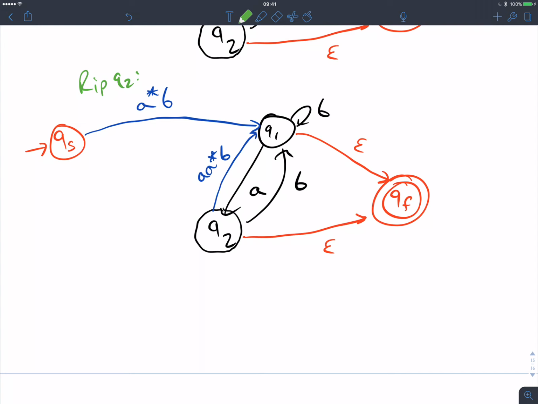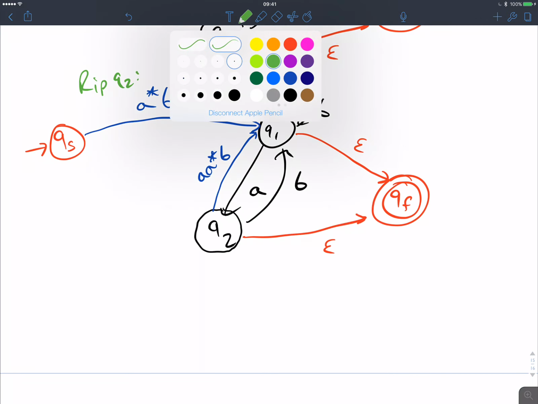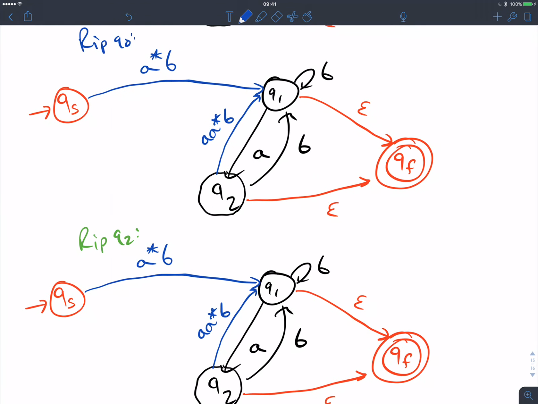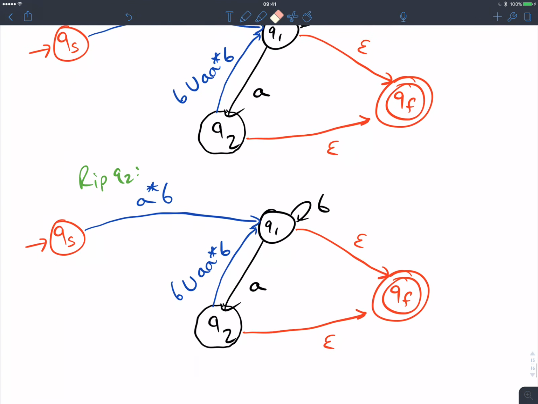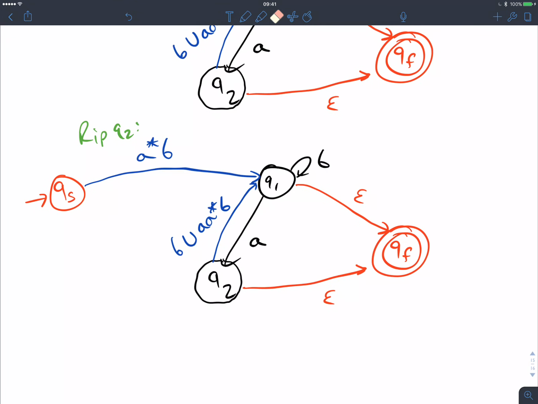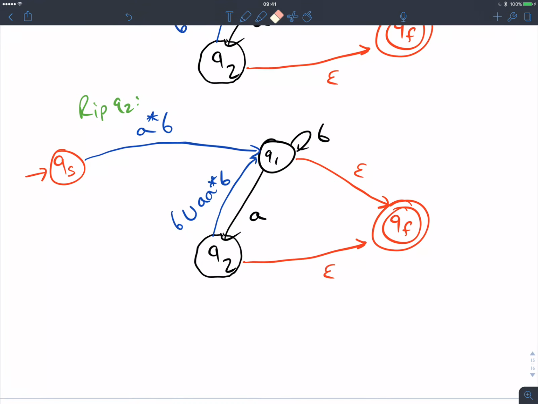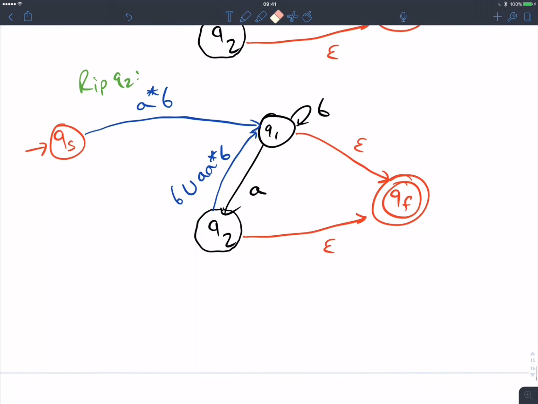Well, technically 3, but in the original I have 2 transitions, so I should do a union over both of them. I should have done that. So this should be B union that. So there are actually 2 ways out. I should mean the number of states that you could go to from Q2. That's the correct answer, not the number of transitions. All right, 1 way in, 2 ways out.